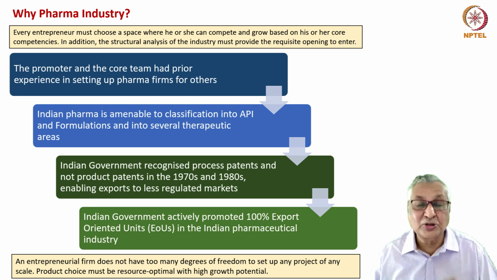Indian government also actively promoted the 100% export oriented scheme in the Indian pharmaceutical industry. An entrepreneurial firm or a startup does not have too many degrees of freedom to set up any project of any scale. Therefore, wise product choice, wise business space to operate in must be taken up as a priority. This product choice must be resource optimal with high growth potential.